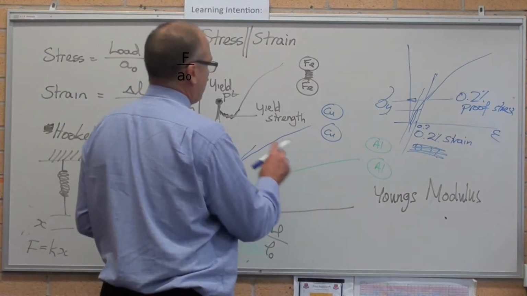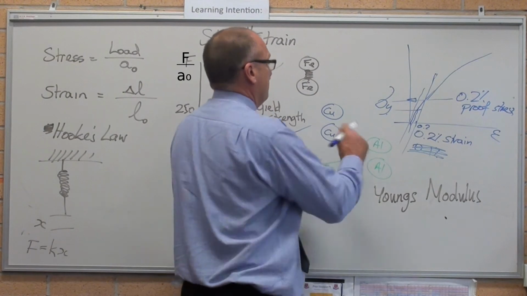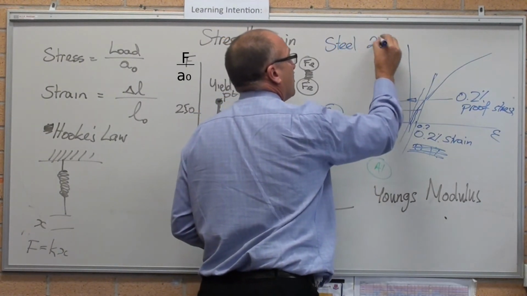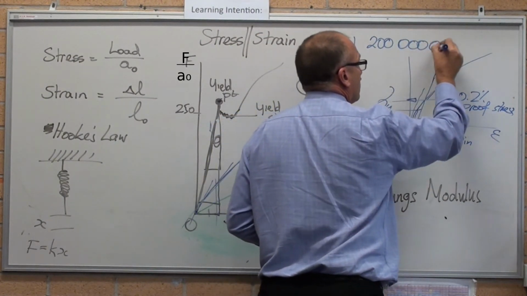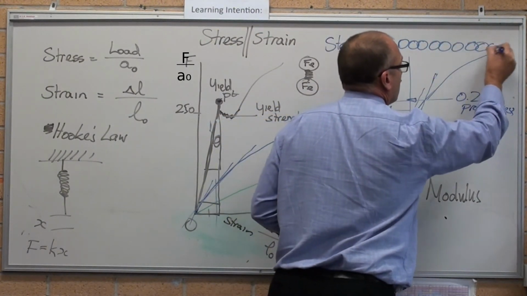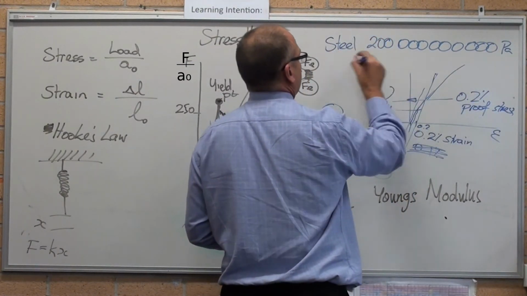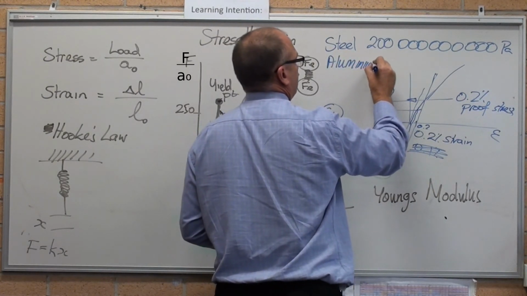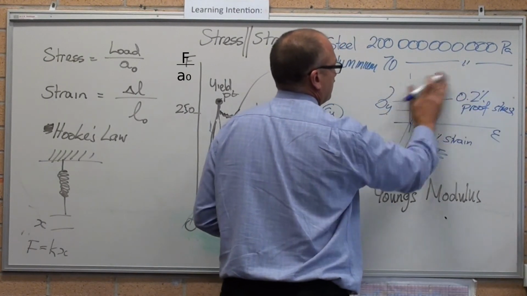So, you don't need to know these numbers for the exam. Steel is 200 gigapascals. Aluminium is 70 gigapascals.